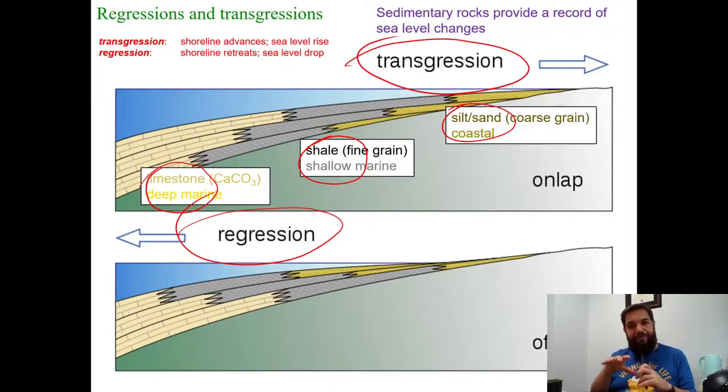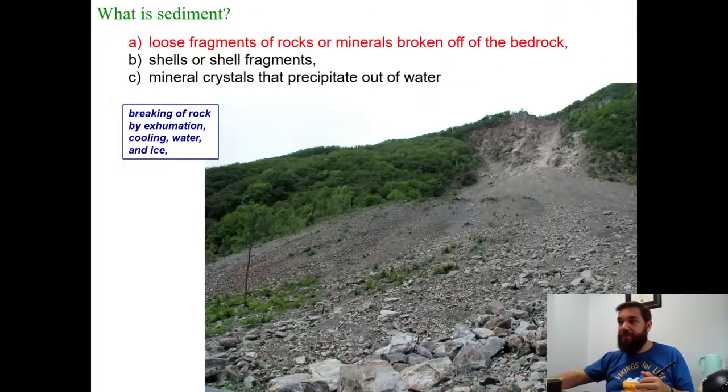So the limestone formed when the water was deep, and then on top of that formed the shale when it got shallower, and on top of that formed the beach sand when it got very shallow. Okay, so those are transgressions and regressions. So just explaining more of the details about what sedimentary rocks can tell us about Earth history and the history of life on Earth.